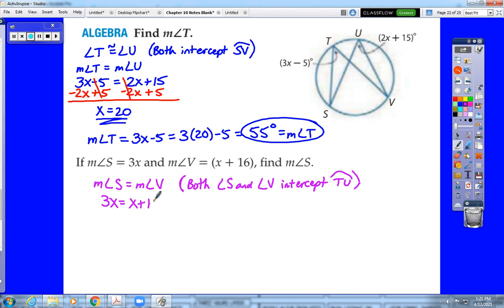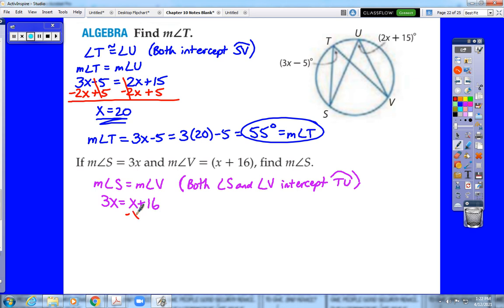Okay? So same deal. We set those two values equal to each other. 3x equals x plus 16. And we solve for x. So we would subtract x from each side, which would give us 2x equals 16. And then we would divide by 2.